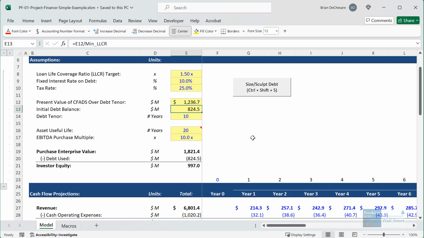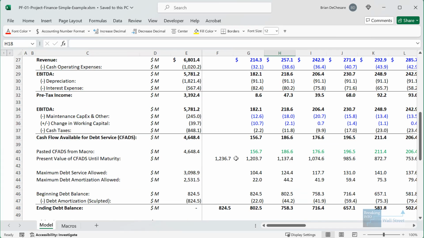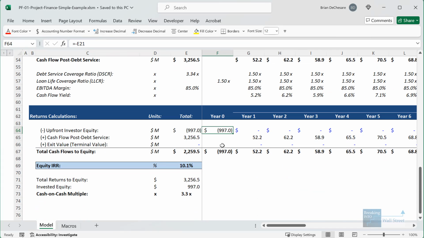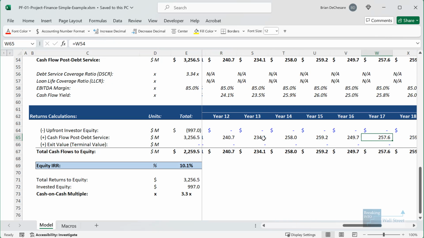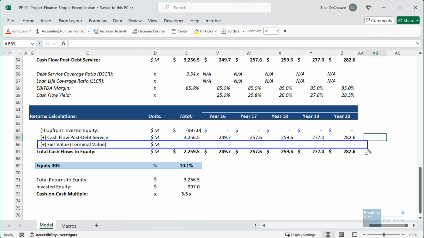So in our model here, for example, we're saying that the purchase multiple of this power plant is 10 times EBITDA. If you go down and look at the returns calculations, we have our upfront investor equity, which we backed into based on the allowed debt and the purchase enterprise value. And then we have our cash flow post debt service each year. But if you go to the very end here, year 20, you'll see that we have nothing for the exit value or terminal value.